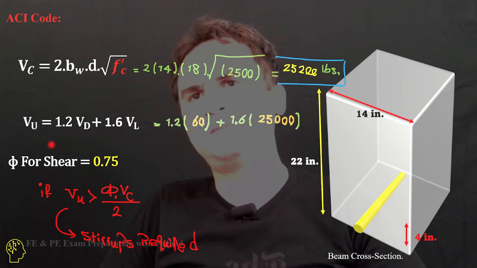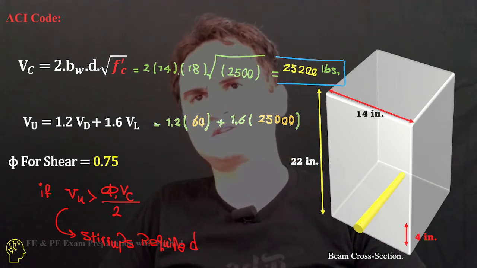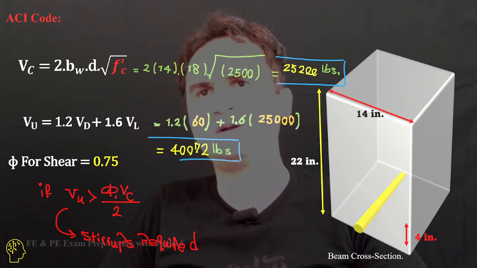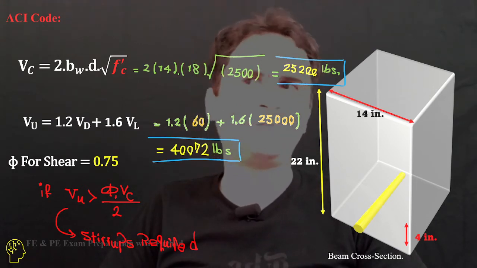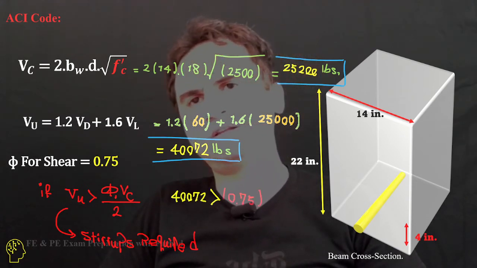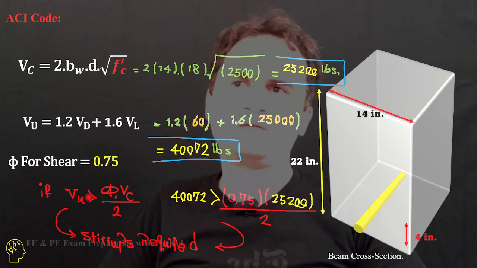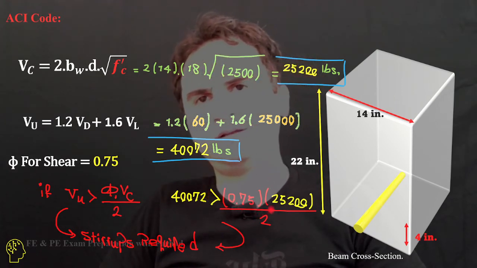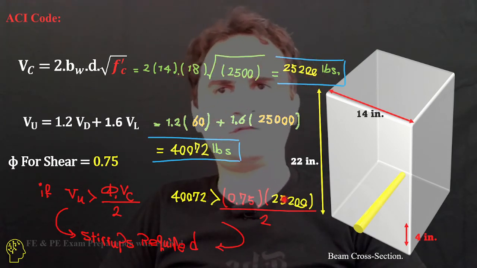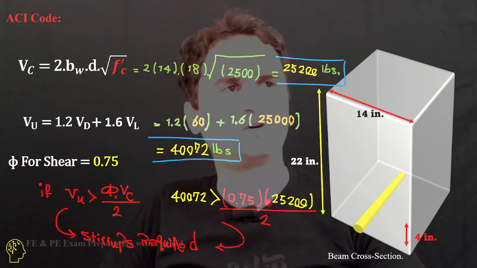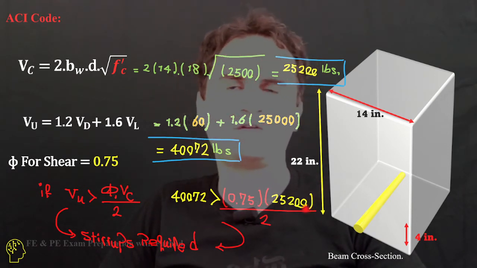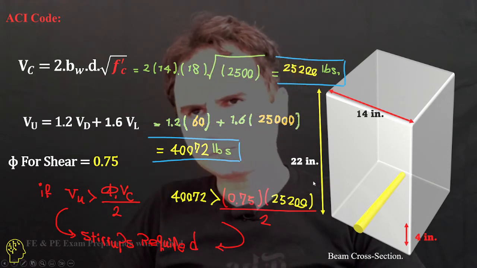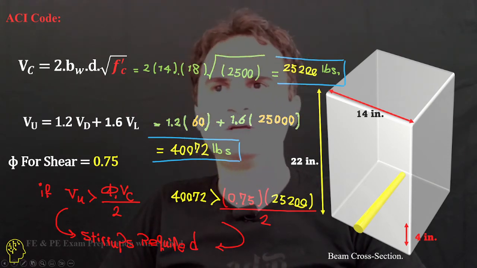If you do the math for Vu, it gives us a numeric value of 40,072 pounds. And definitely Vu is greater than half of a coefficient smaller than 1 times 25,000. So we do need the stirrups.